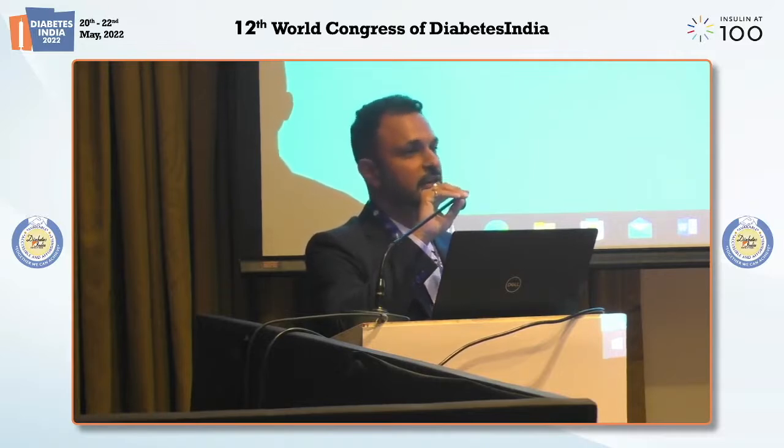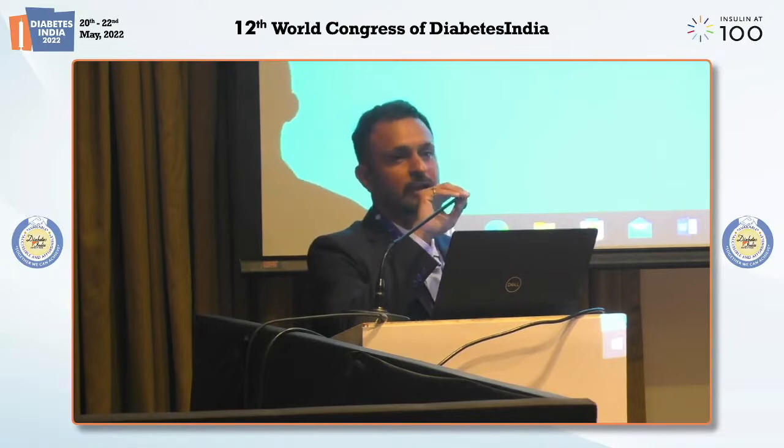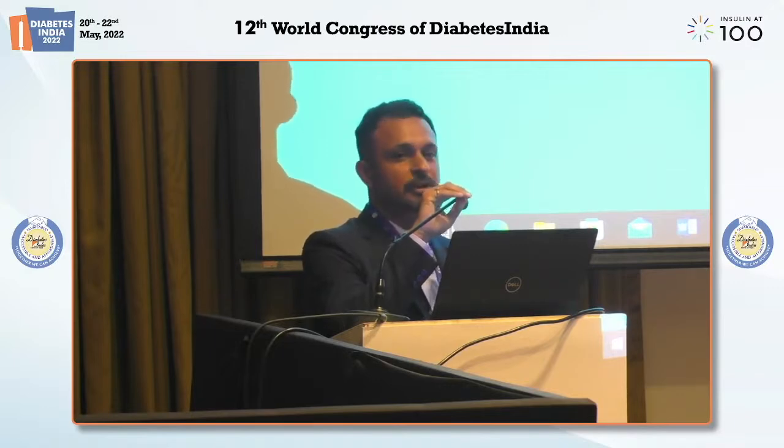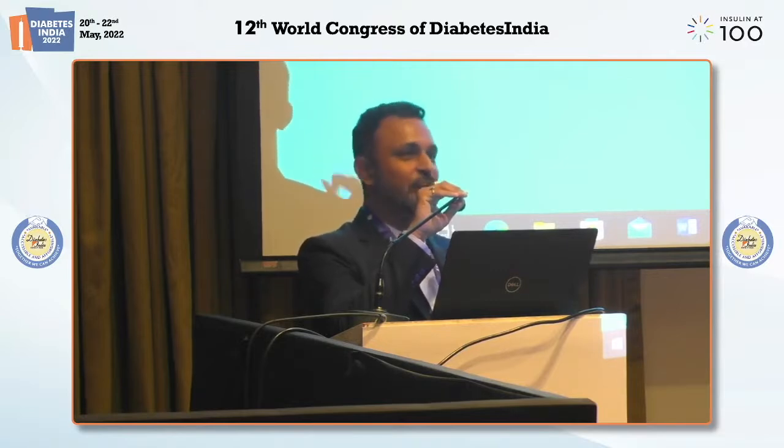Like this year, one of the most important things, and one of the biggest responsibilities I would say, is the Diabetes India newsletter, and Bansi sir is giving this responsibility to the D-Genius group.